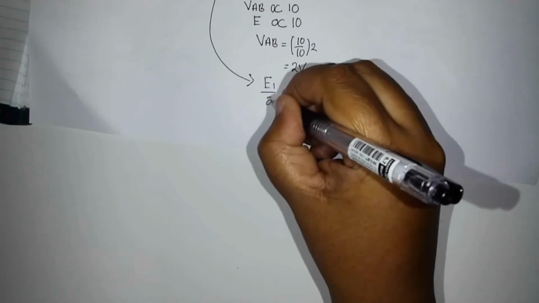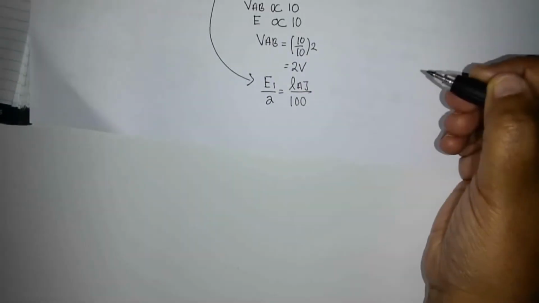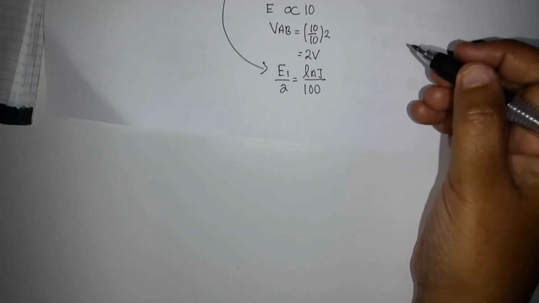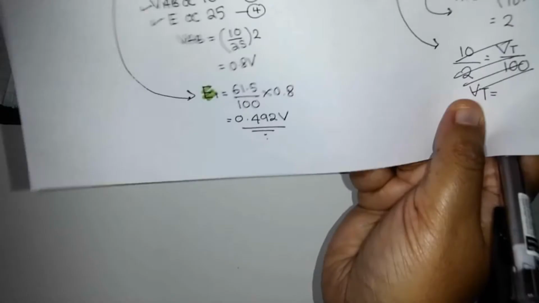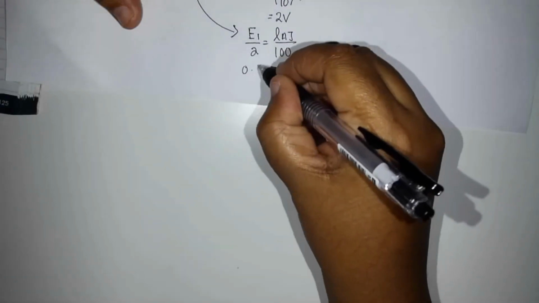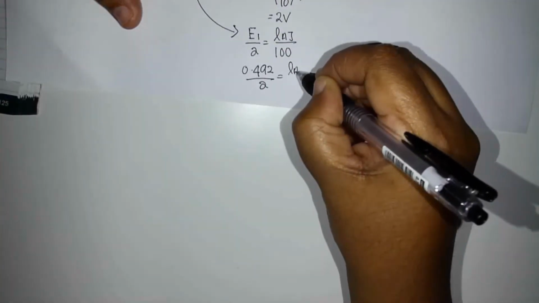E1 over 2 equals length AJ over 100 cm. So what is E1? We already know the value of E1. The value of E1 is 0.492. So 0.492 divided by 2 equals length AJ over 100.